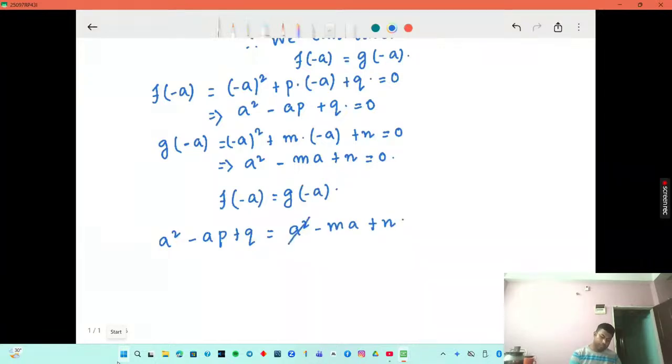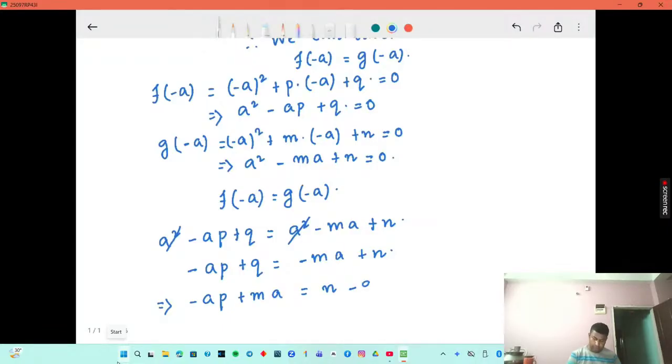So a squared cancels. So minus ap plus q is equal to minus ma plus n, so minus ap plus ma is equal to n minus q.